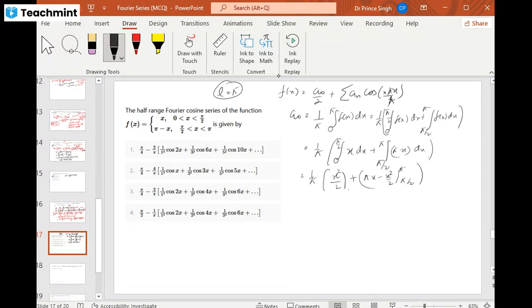And here it is 0 to pi by 2. So this is 1 upon pi, this is pi squared by 4 to 1 by 2, and the upper limit is pi square minus pi square by 2, and the lower limit is pi square by 2 minus pi raised to the power 2 by 8.